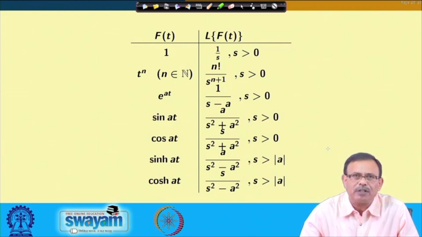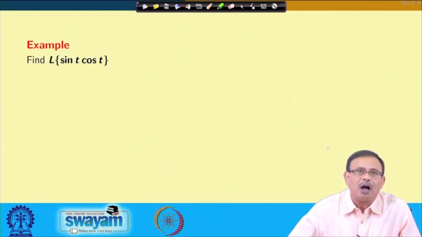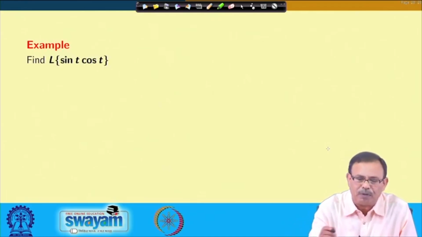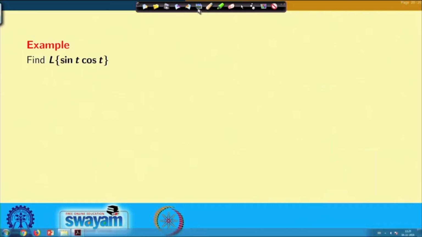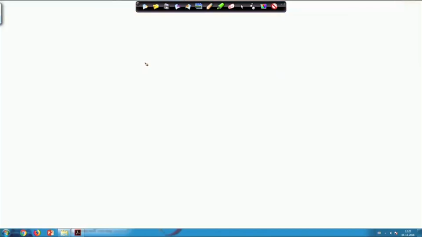Now, let us see some examples of how to find the Laplace transform of some complex functions using these basic Laplace transforms. The first example: I want to find the Laplace transform of sin t cos t.